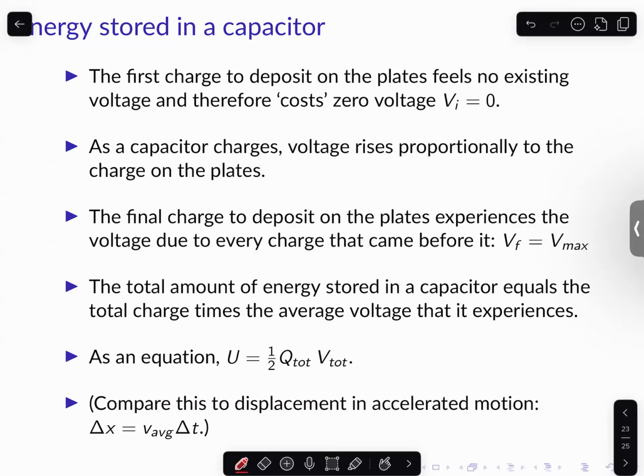See where that comes from? This is actually average times total, just like with 1/2 final velocity times time tells you how you speed up from rest. So the energy stored in a capacitor because of the charge on the plates is 1/2 times the charge of the capacitor times the voltage of the capacitor.